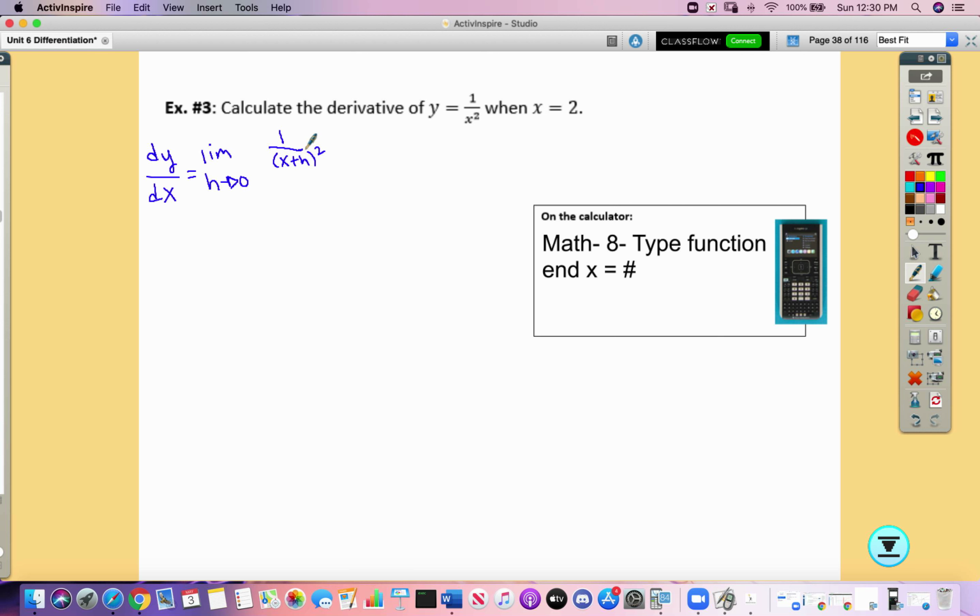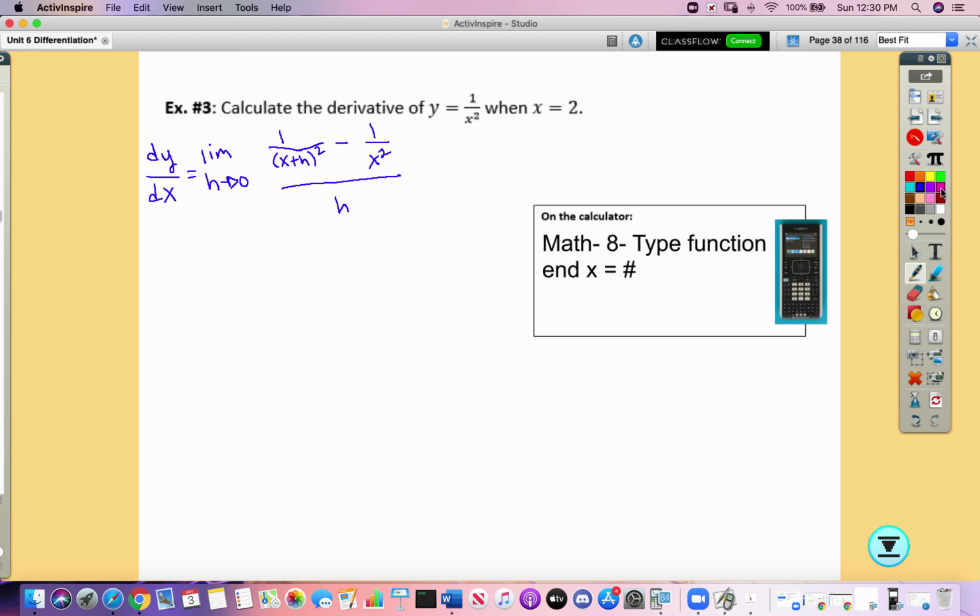Little fraction bar, sorry. Then I have to subtract my original function, 1 divided by x squared, divided by h. Well, this looks crazy. It certainly does. So I need to simplify this numerator. That's our next step.